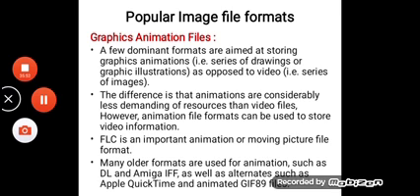However, animation file formats can be used to store video information. Now FLC is an important animation or moving picture file format. Many older formats are used for animation such as DL and Amiga IFF, as well as alternates such as Apple QuickTime and animated GIF89 files.